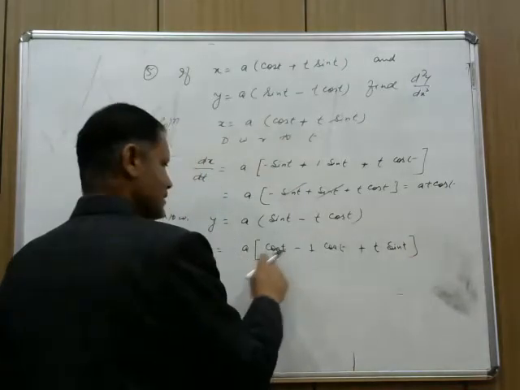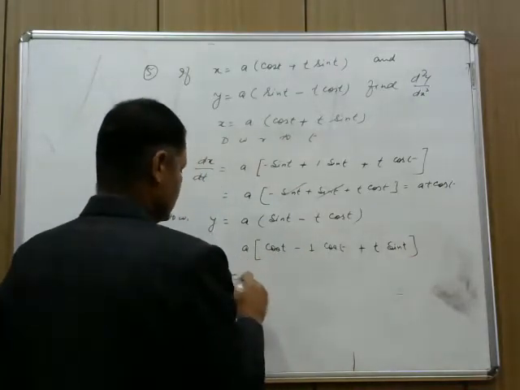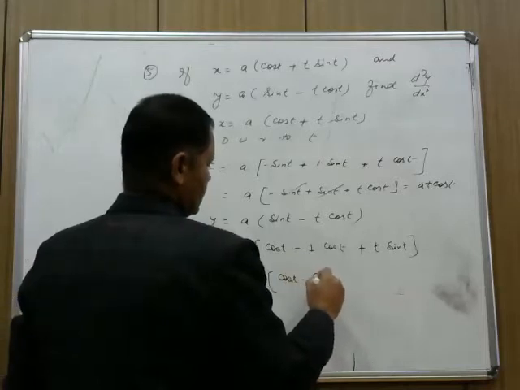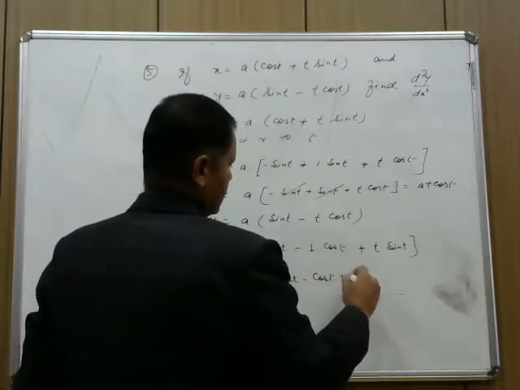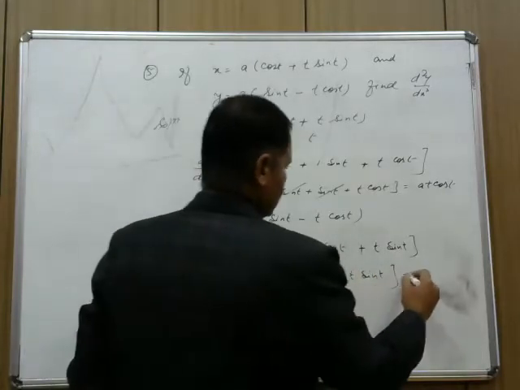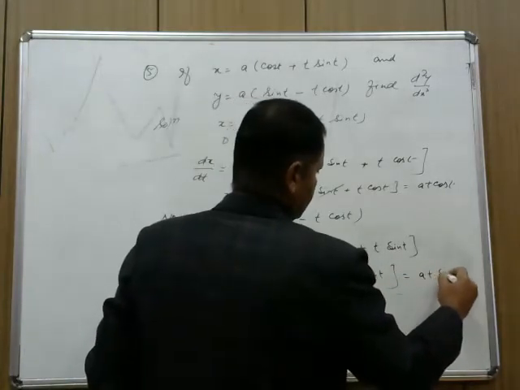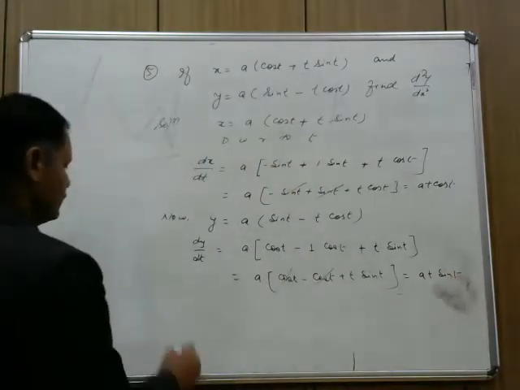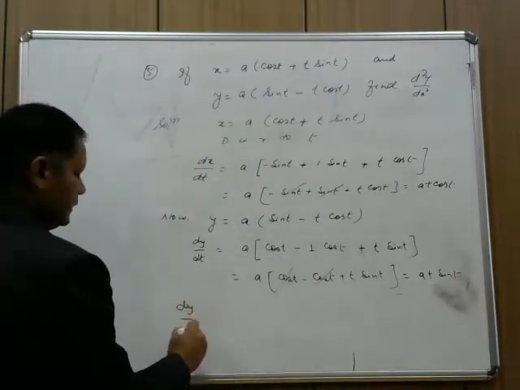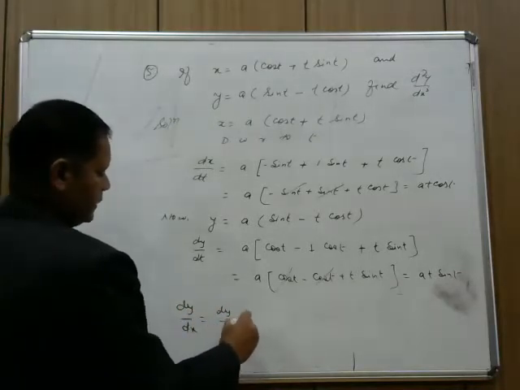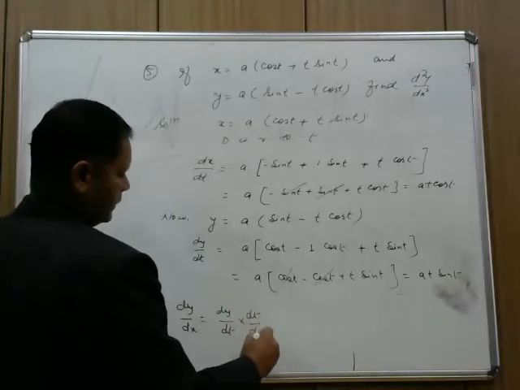Now cos t minus cos t, can I remove? a(cos t minus cos t plus t sin t). This will be removed, and that is equal to a t sin t. And therefore dy by dx is equal to dy by dt into dt by dx.